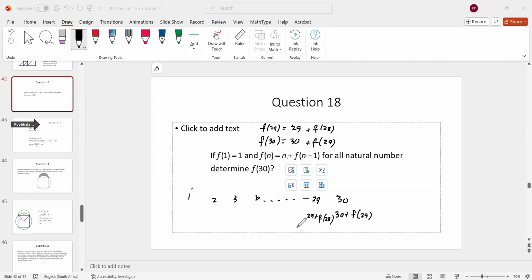Okay, so we still don't know what this is. But now you can replace this f of 29 by 29 plus f of 28. So this is equal to 30 plus 29 plus f of 28.